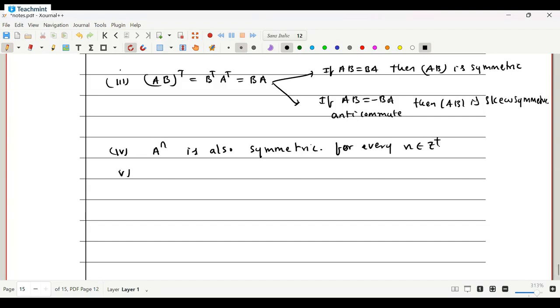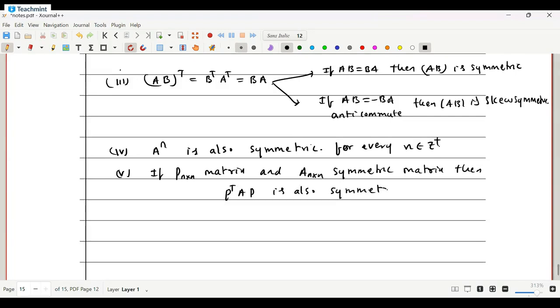Number 5. If P is an n by n matrix and A is an n by n symmetric matrix, then P transpose AP is also symmetric.